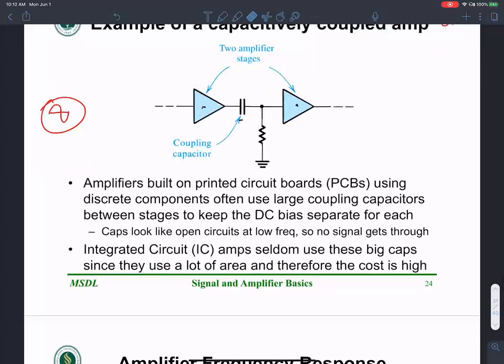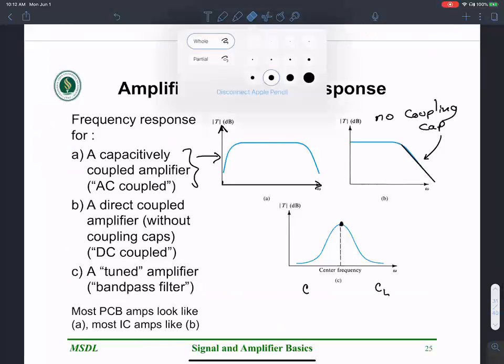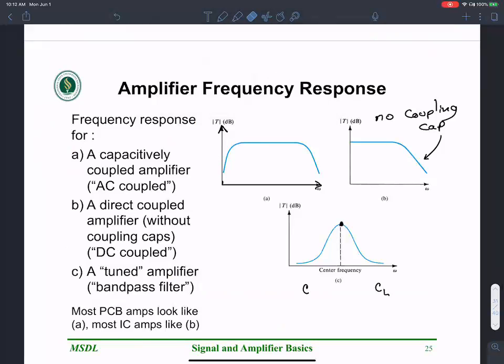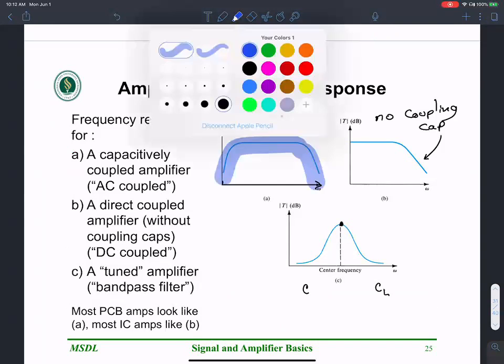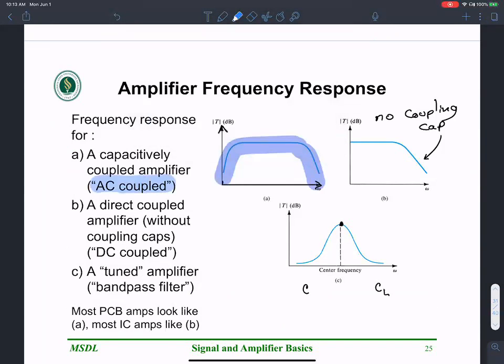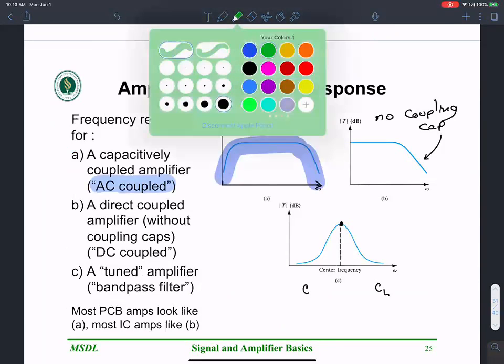This is something we looked at in the last class. There are three kinds of amplifiers that we show here. An AC coupled amplifier shown in this figure. Then there is the DC coupled amplifier.